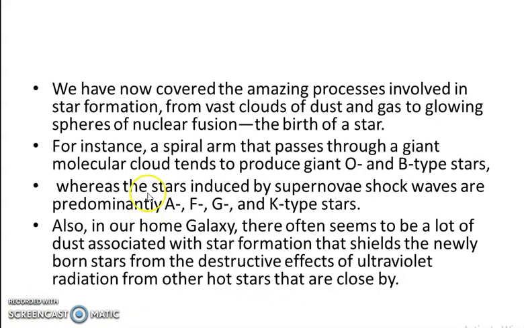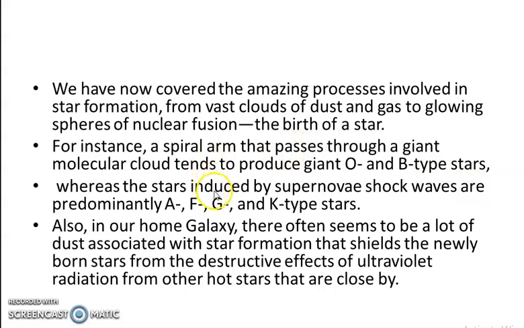So we have covered the processes involved in the star formation, from vast clouds of dust and gas into glowing spheres of nuclear fusion. That means the birth of the star is discussed, but the complete processes in the birth of the star are still unknown. For example, the spiral arm that passes through the giant molecular cloud tends to produce giant O and B type stars.